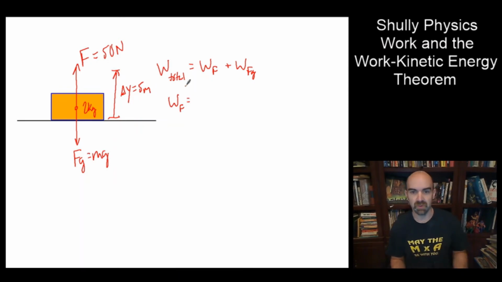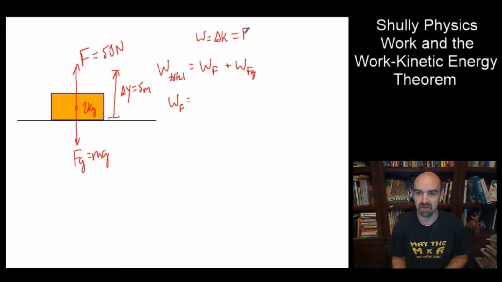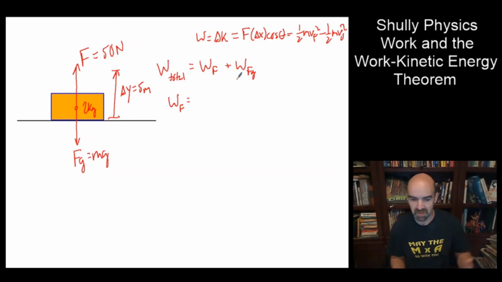All right, so what's the work done lifting this box up 5 meters? We're going to take work equals a change in kinetic energy, and keep in mind that work is F delta x, which will be delta y in this case, cosine theta, equals a change in kinetic energy, 1/2 m v final squared minus 1/2 m v initial squared. All right, just so those are reminders, nothing too fancy here.